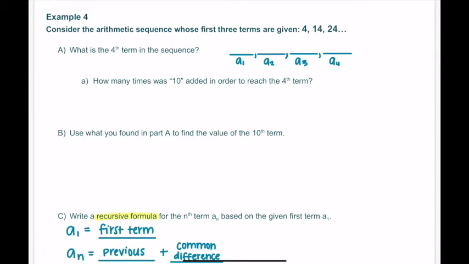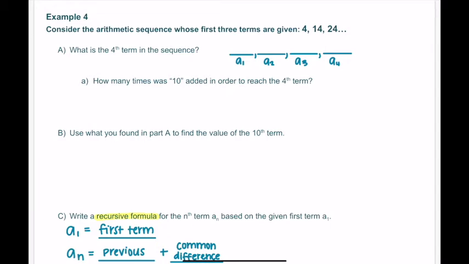Example 4 is where we're going to learn how to create that explicit formula that we mentioned at the very beginning. So let's consider this sequence where the first terms are 4, 14, and 24. Okay, well, if that's the case, then we can just start by looking at those first three, find the common difference, and then find the fourth term.